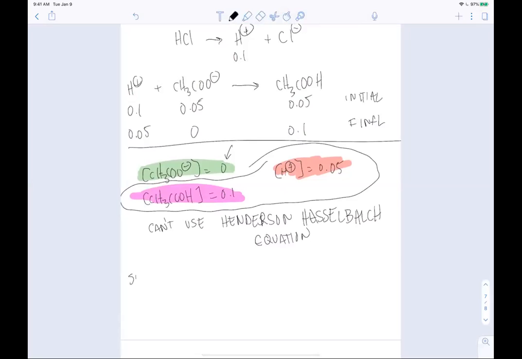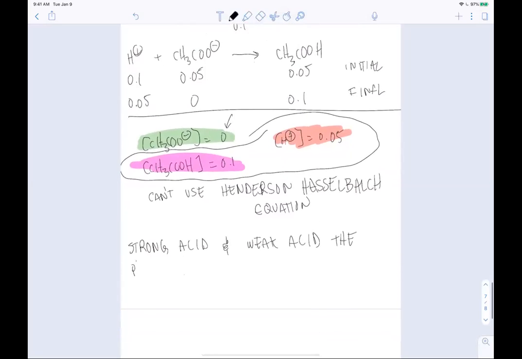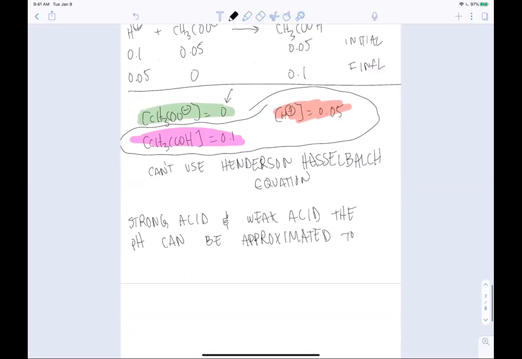I guess I'll write it out. Since we have a strong acid and a weak acid, the pH can be calculated by ignoring contributions from the weak acid.